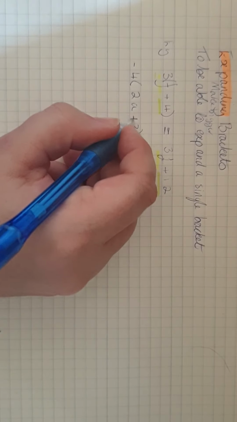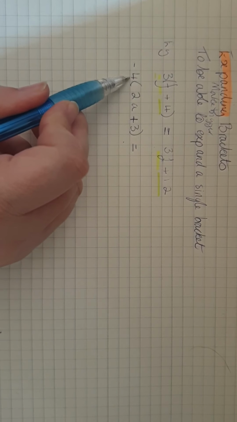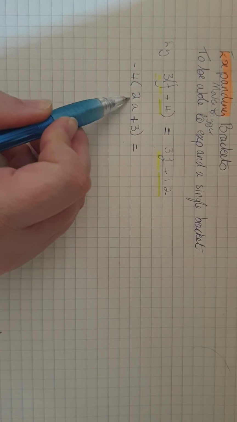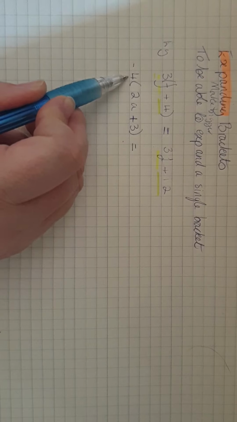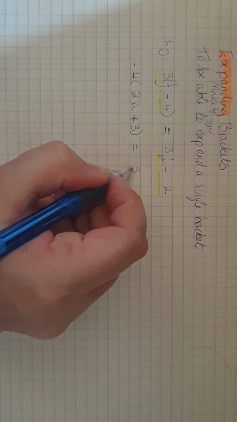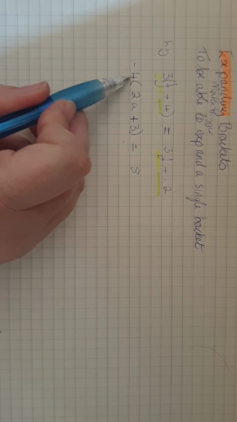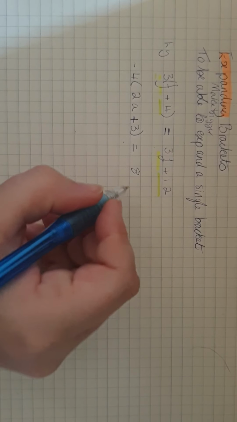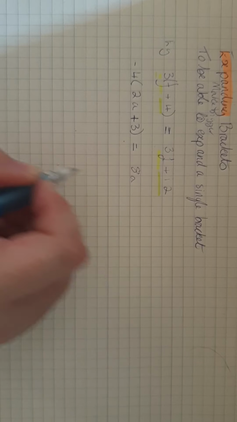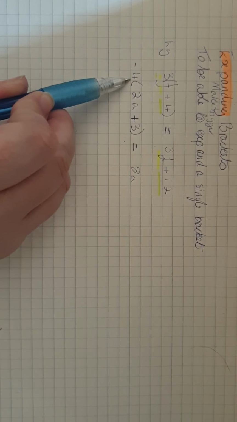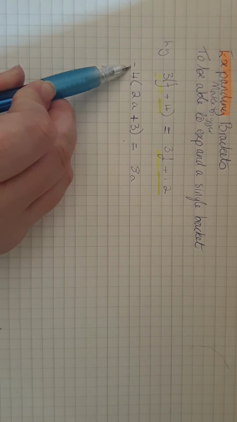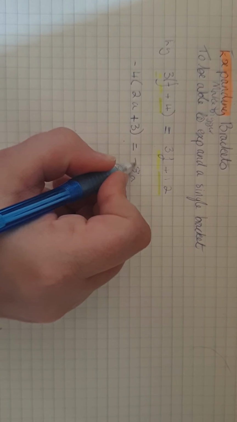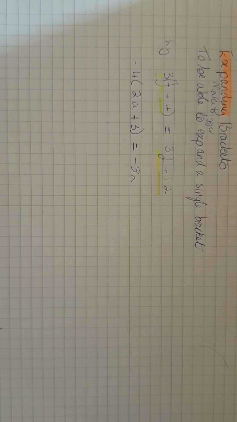Negative 4 times 2a. Well, 4 times 2 is 8, so 4 times 2a would be 8a. But it's not just 4, it's negative 4. So the answer is negative 8a.